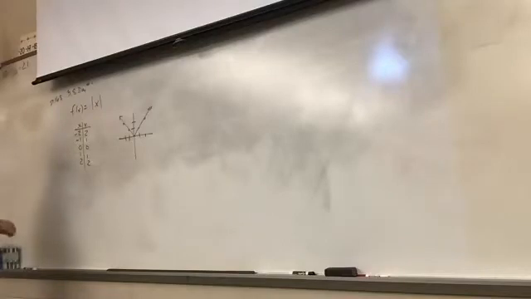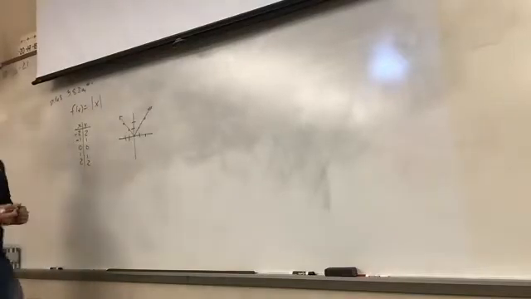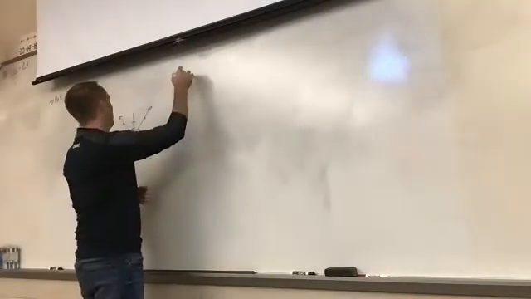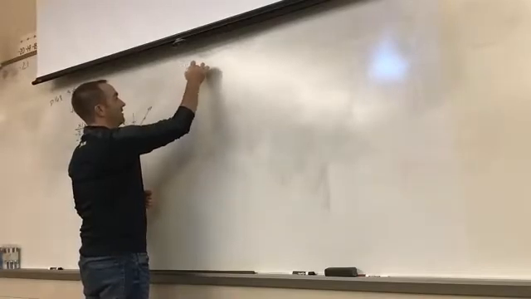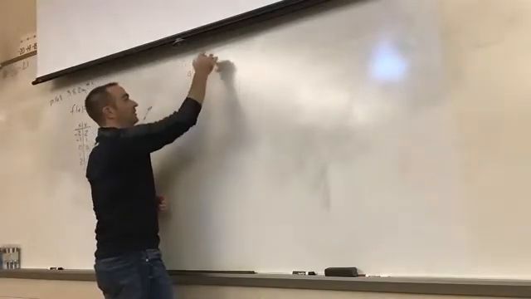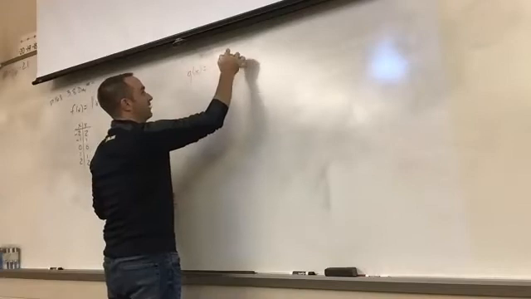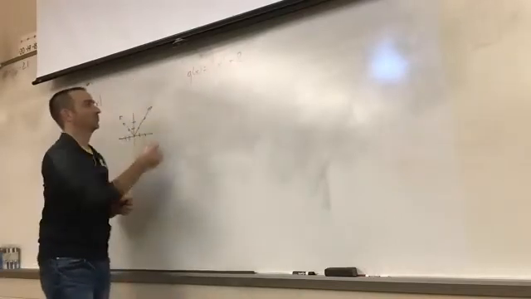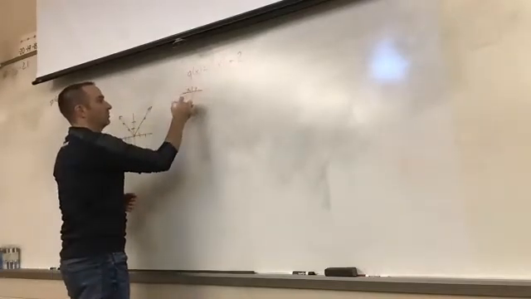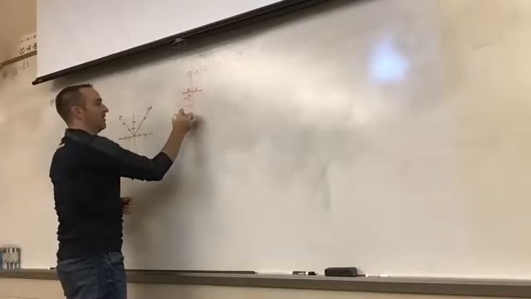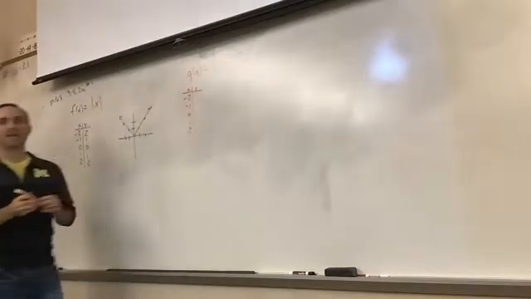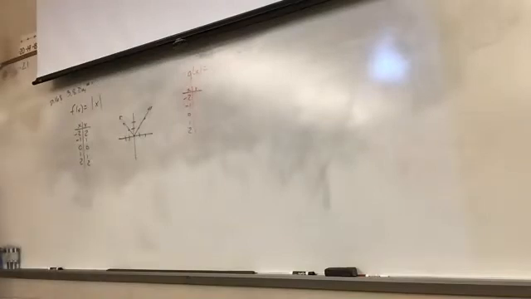Okay. All right. Here's what I would like you to do. I want you to graph one on your own. Let's say g of x is equal to the absolute value of x plus 2. Let's plug in those same 5 numbers. Take the absolute value and then add the 2.